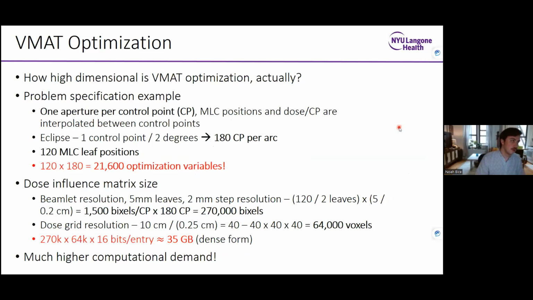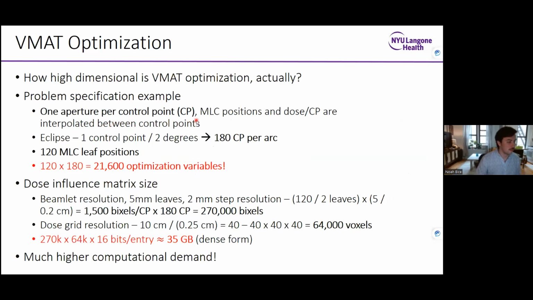I mentioned earlier that VMAT optimization is a really high dimensional problem, but how high dimensional is VMAT optimization actually? We'll walk through an example of a problem specification where we're only going to allow one aperture per control point, as we do with VMAT.